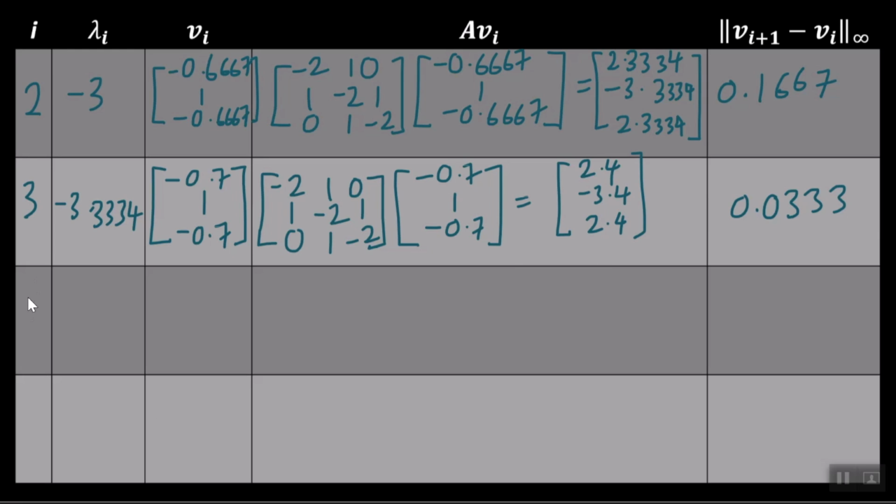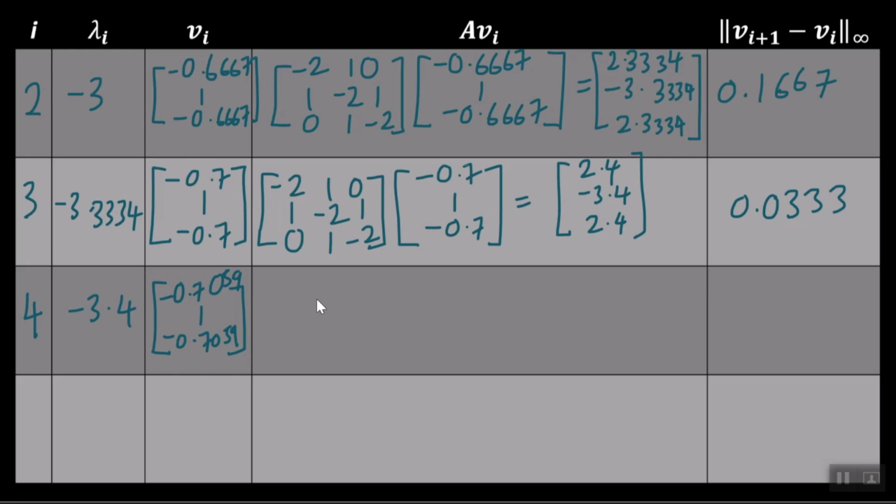Okay, and the fourth iteration, our new lambda would be negative 3.4. And our new v, 1 over lambda multiplied by AV, is negative 0.7059, 1, negative 0.7059.